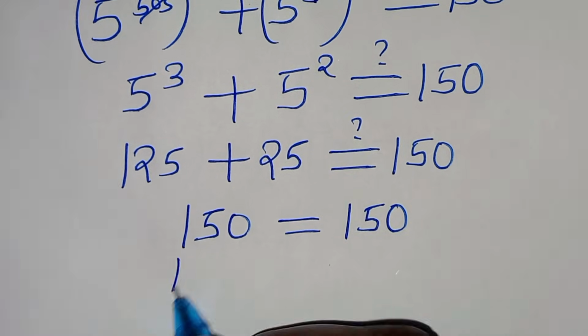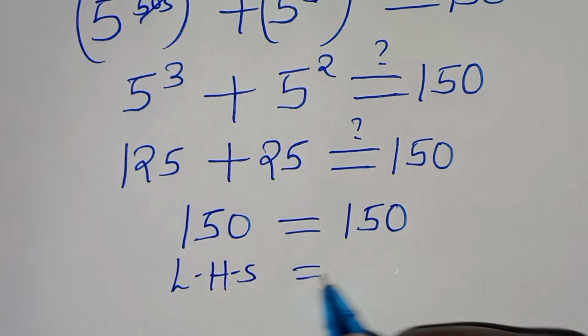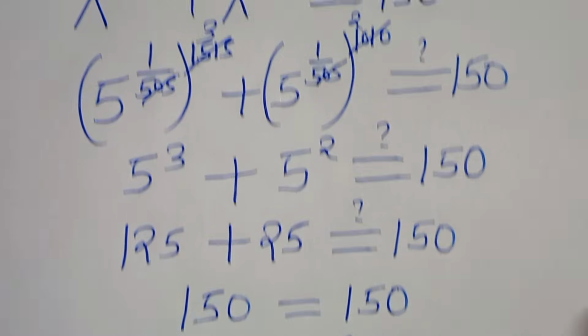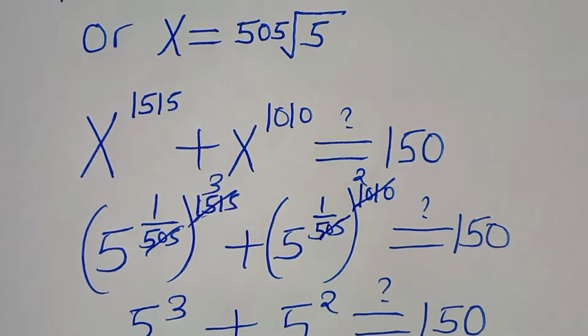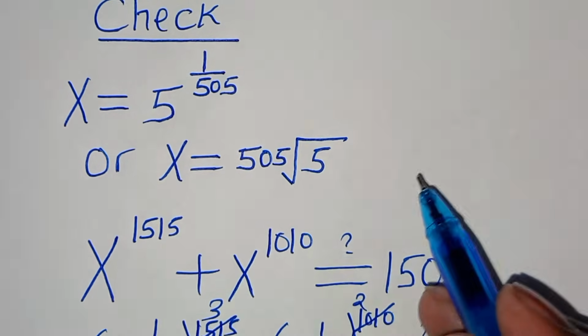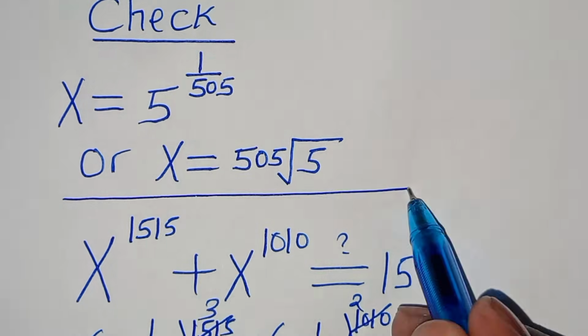And this means that the left hand side is equal to the right hand side. And this implies that the value of x here, which is equal to 5 raised to the power of 1 over 505, satisfies the equation.